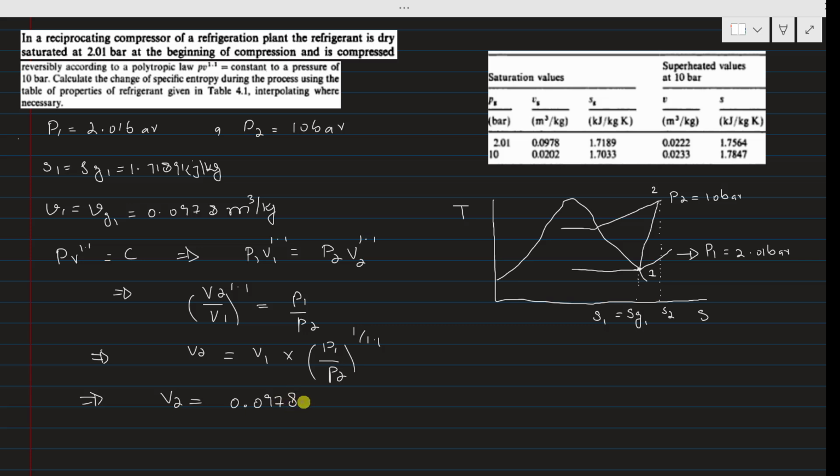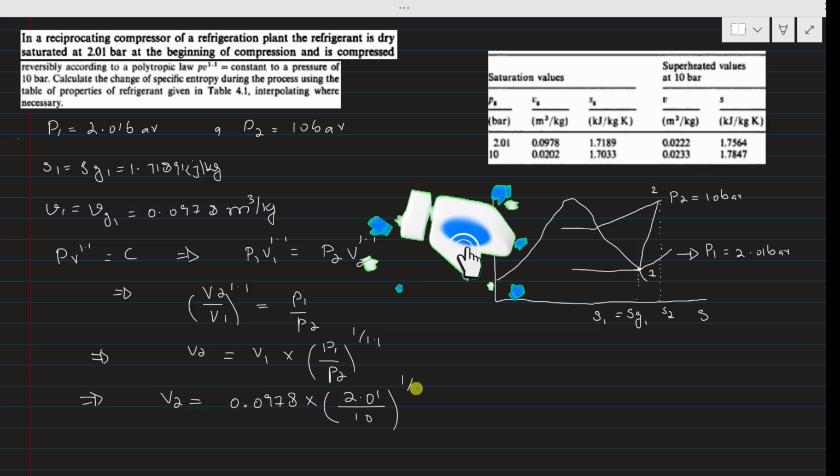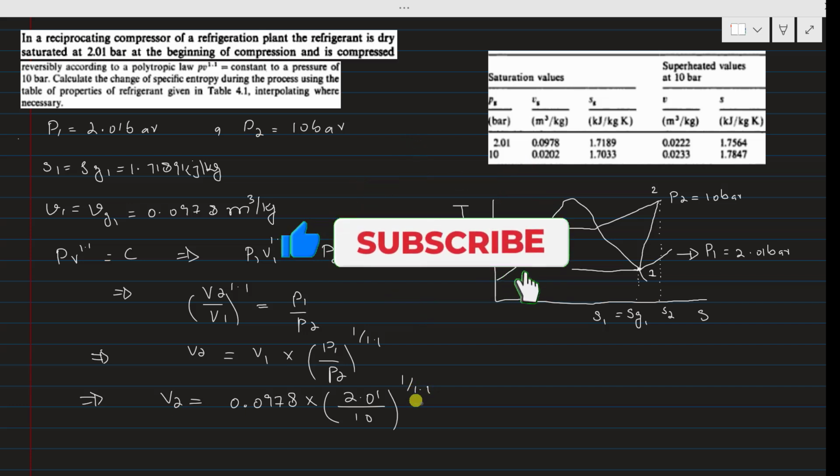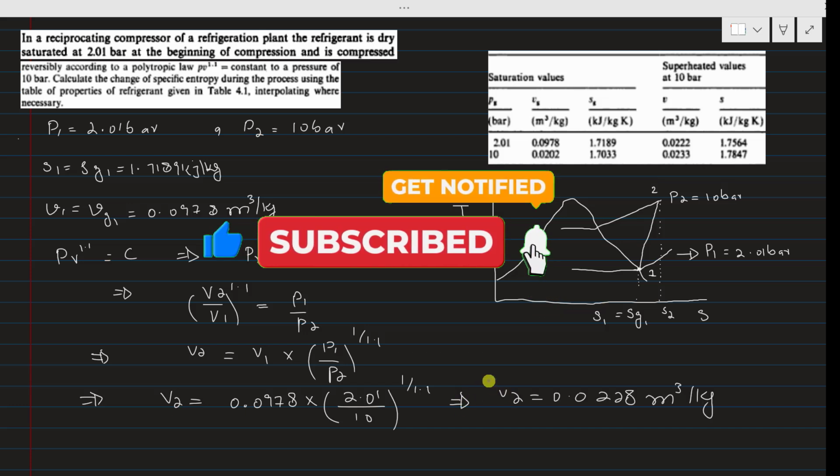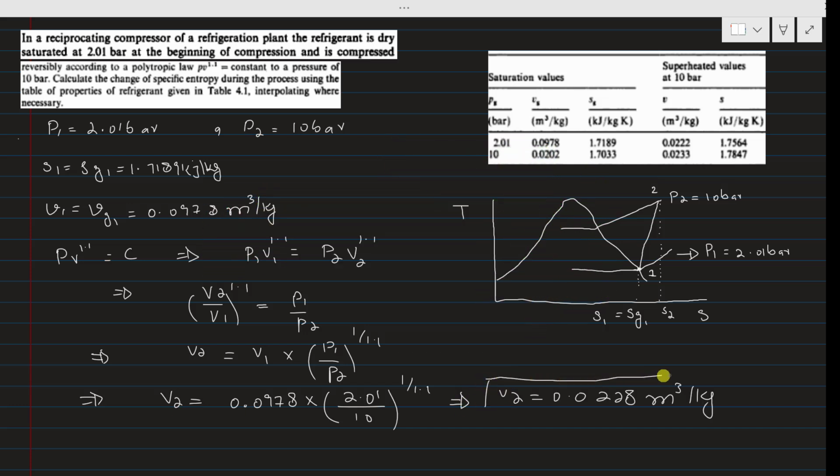So 0.0978 multiplied by (1 by 10) to the exponent 1 by 1.1. After simplification you will get the V2 value, which was our requirement in order to find the entropy S2 at the state point 2.